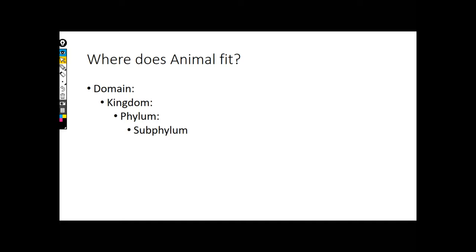Okay. So if we focus on just animal, okay, if I want to do animal versus plant versus fungus, okay, what level do I want to drop that on?